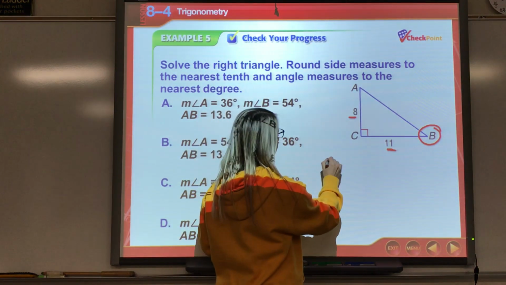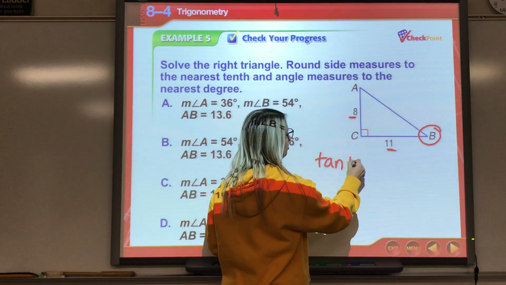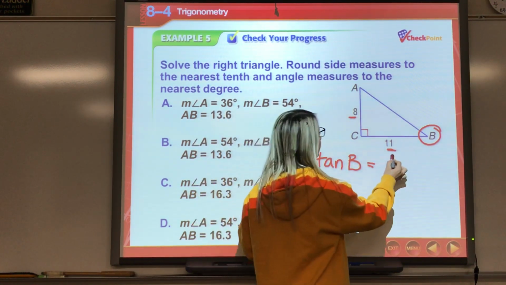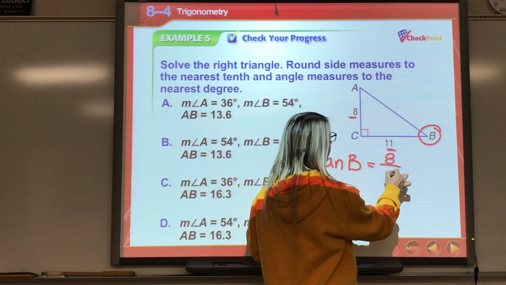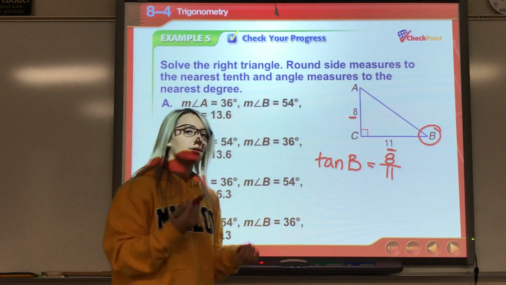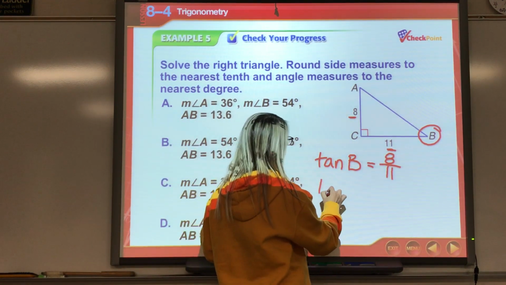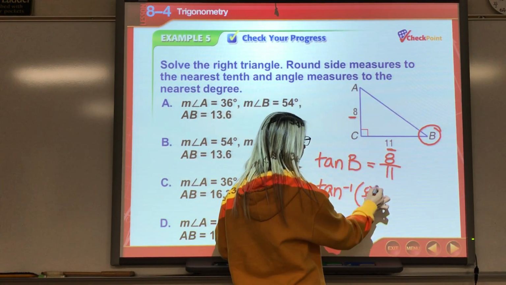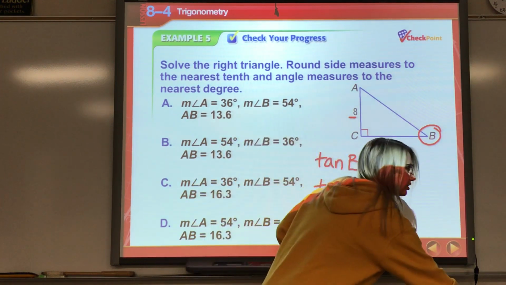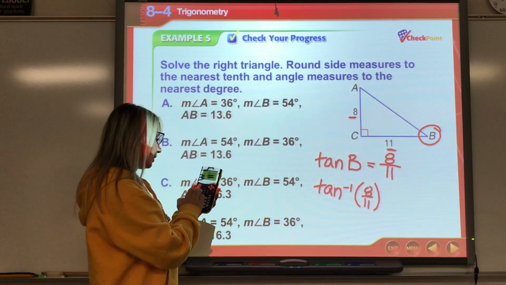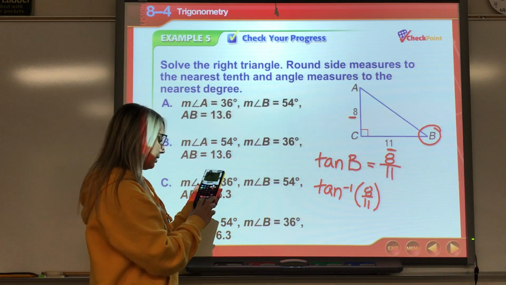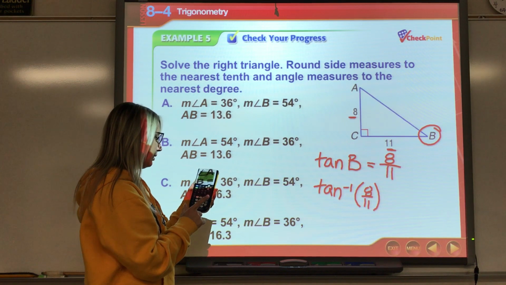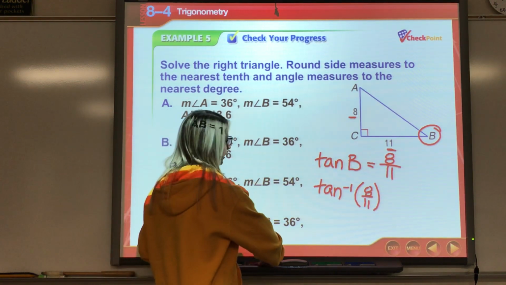So we have the tan of B equals the opposite over the adjacent, so we have 8/11. Okay, now to undo this, we would take tan inverse of 8/11, and that will give us the measure of angle B. So when we do that in our calculator, I press second tan, and then type in 8 divided by 11, and I get about 36.